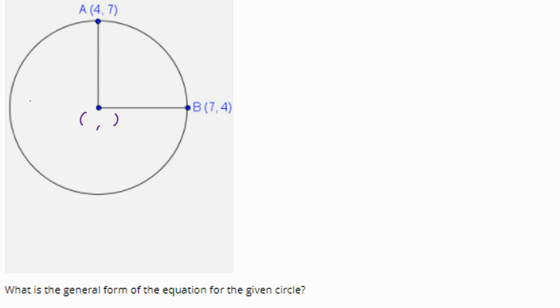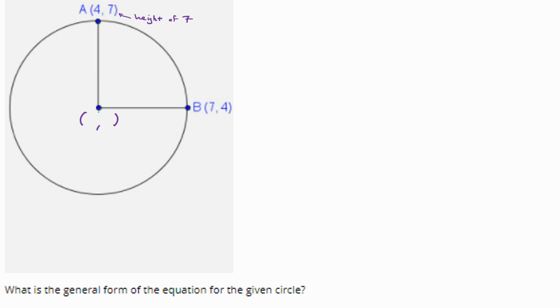Point A is 4 to the right and 7 high. So what's directly below point A? Well, our center is directly below. So if this is a height of 7, the height for the center has changed.